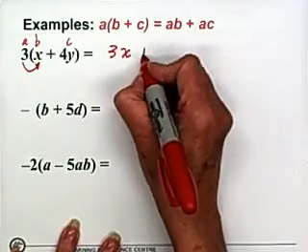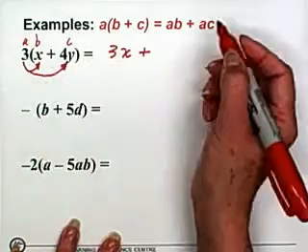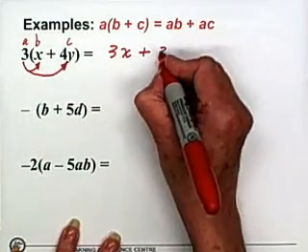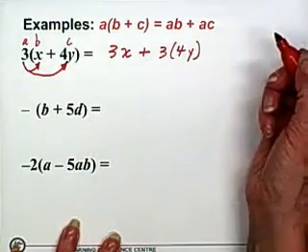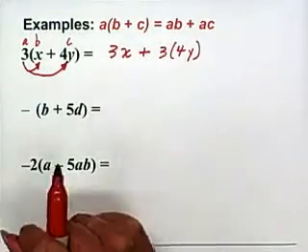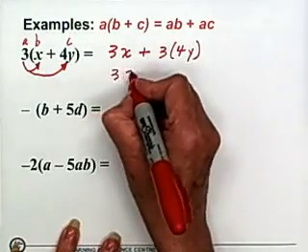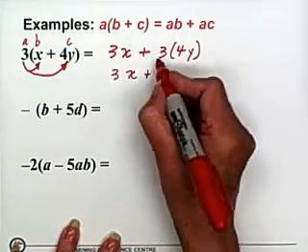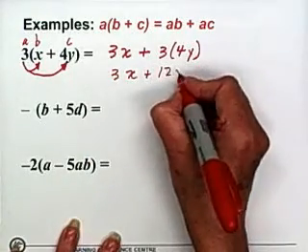And we're going to put in our plus sign and take our 3 and multiply it by the 4y. That becomes 3 times 4y. Now let's just multiply this through again so we get rid of the brackets. We have 3x plus 3 times 4 is 12, so we end up with 12y.